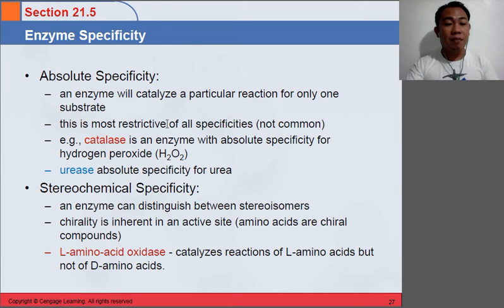For example, we have L-amino acid oxidase that catalyzes reactions of L-amino acids but not of D-amino acids. That is why it is stereochemical specificity. It is more specific on its structural form.